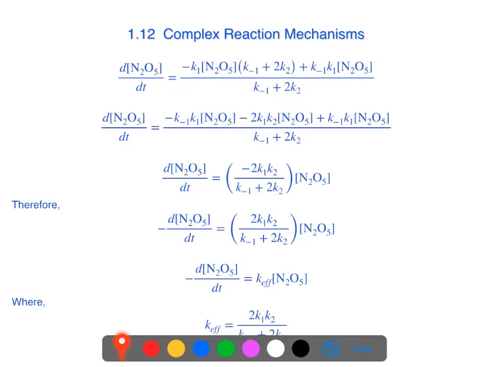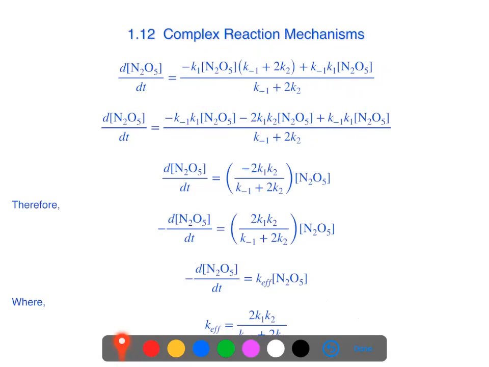So we multiply our common denominator by the first term, and we end up with a minus k-1 k1[N2O5] shown here, minus a 2 k1 k2[N2O5], and then we carry this third term down.